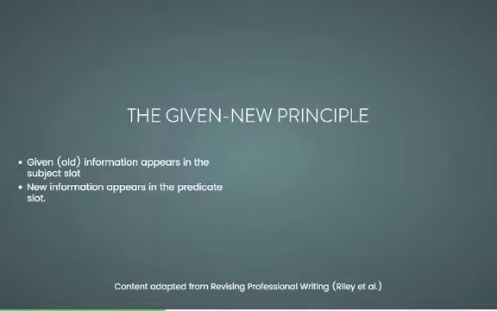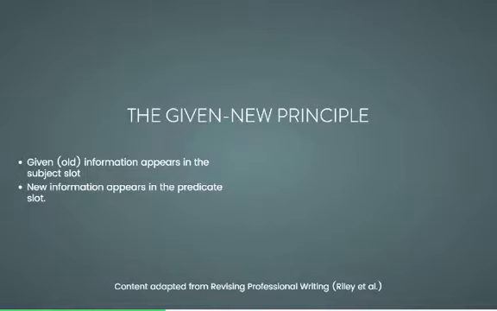First, we have some given information that we're giving the audience, and that appears in the subject slot. As we discussed in previous videos and content in this course, the subject slot is typically the first noun phrase in a sentence.